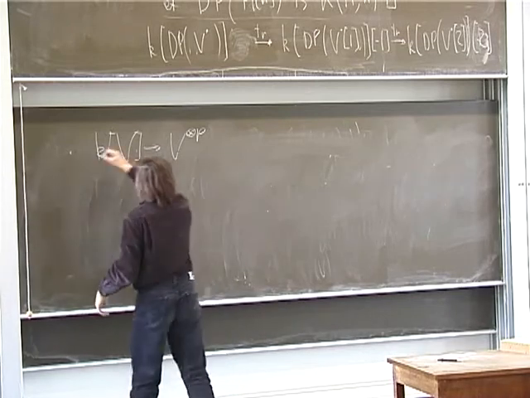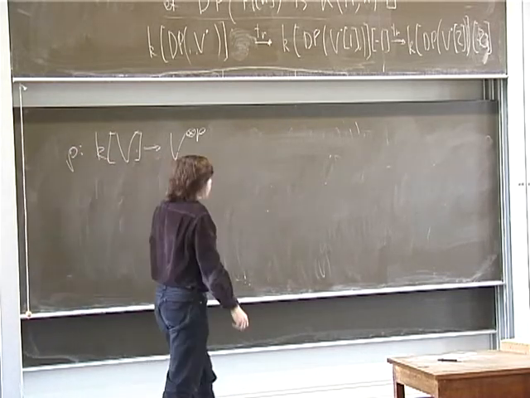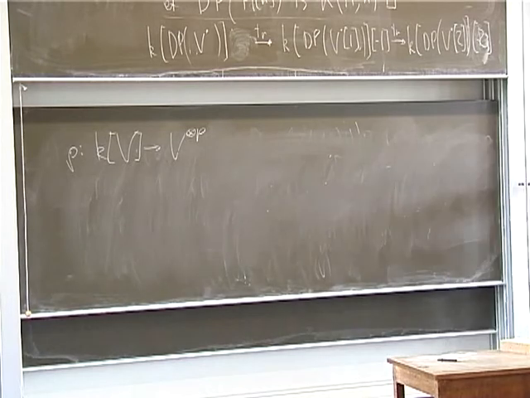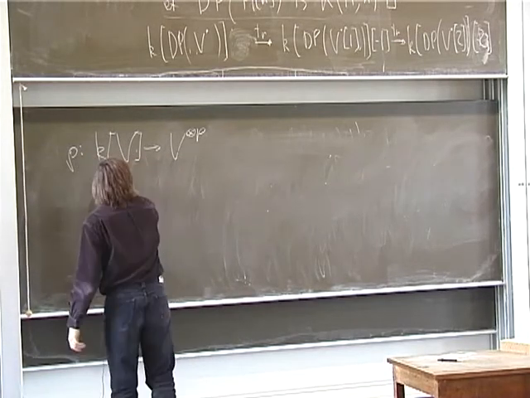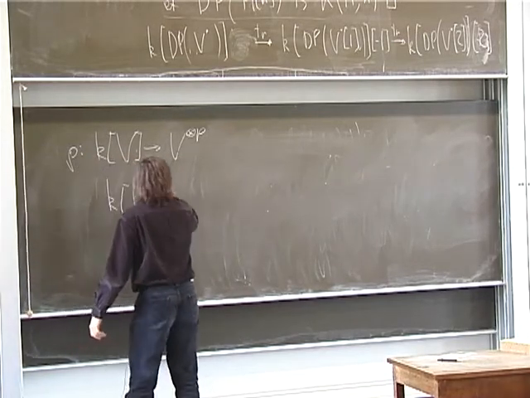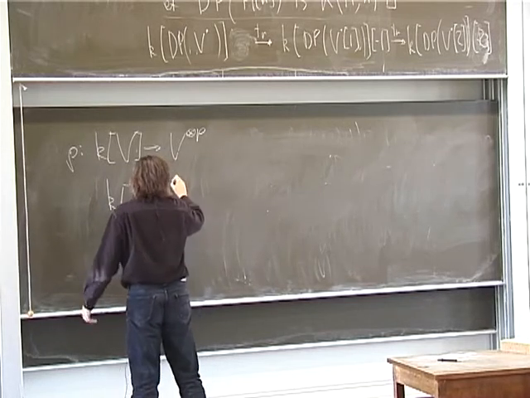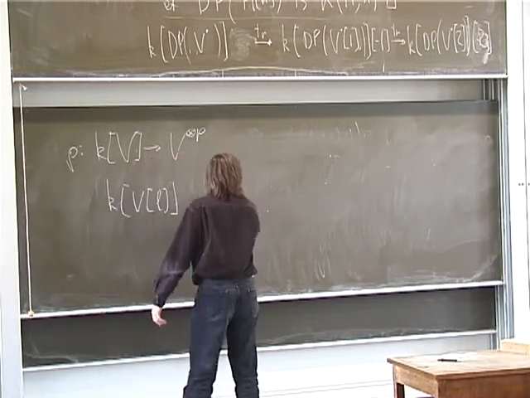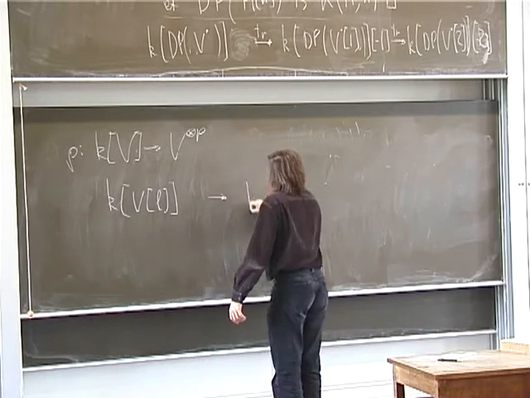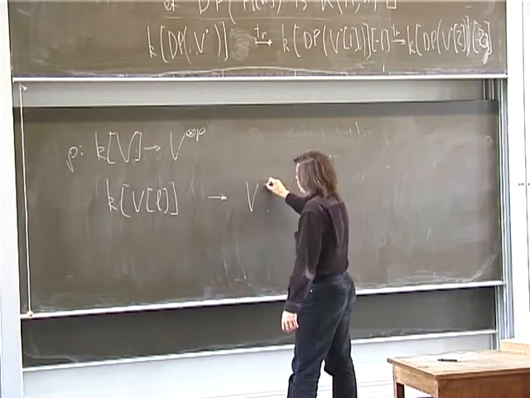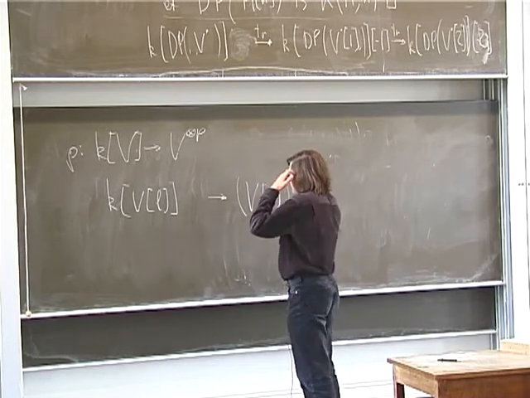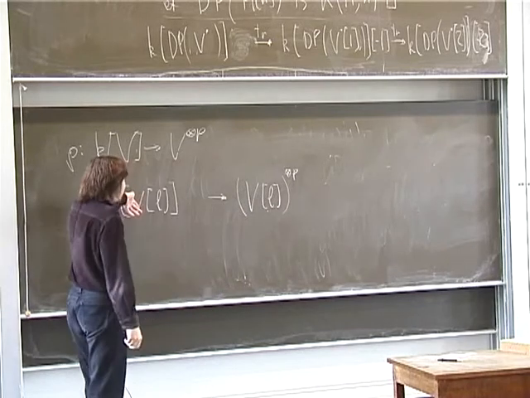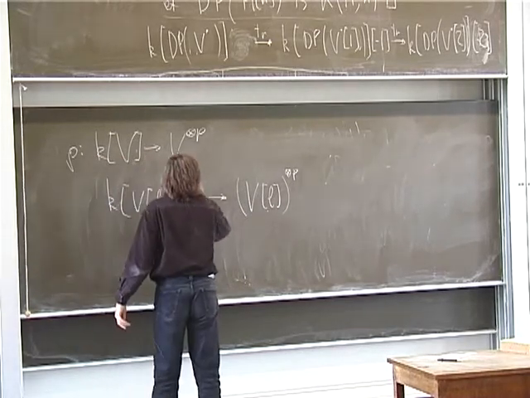However, this map rho, as I said, is totally functorial. So I can play this game. And I can shift the whole thing by L. And then I, absolutely for free, get a map from this to V tensor P shifted by L to the power of P. Now I want to go to the limit, so I better shift upwards.